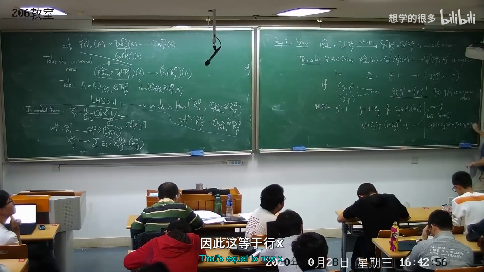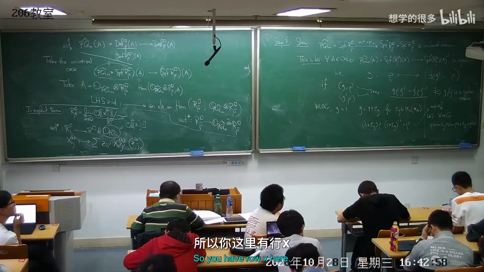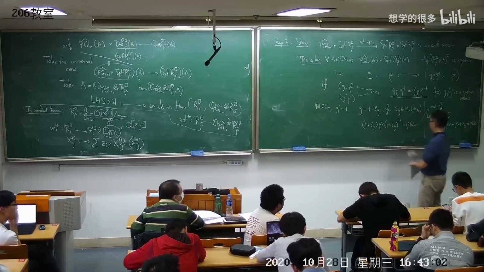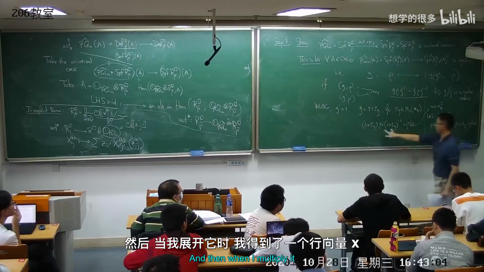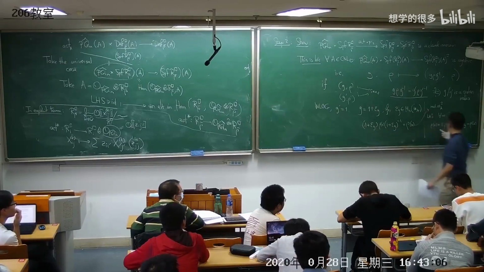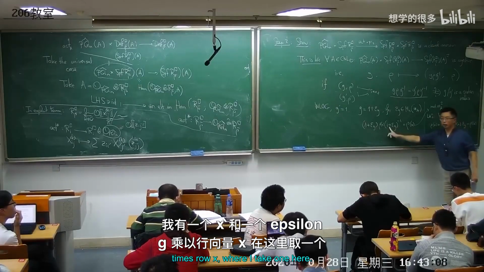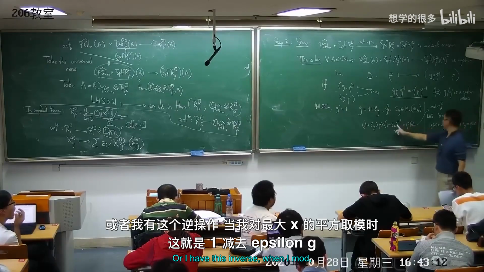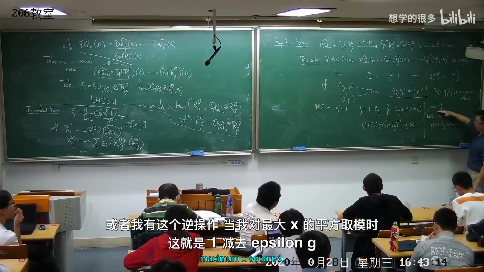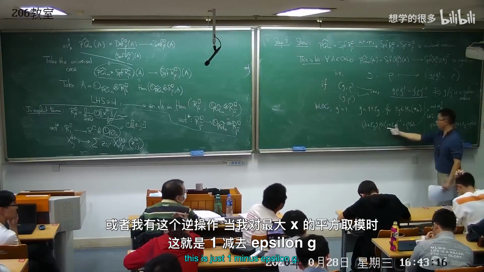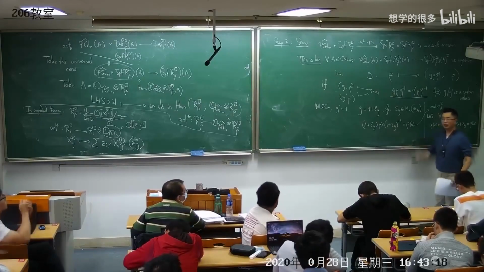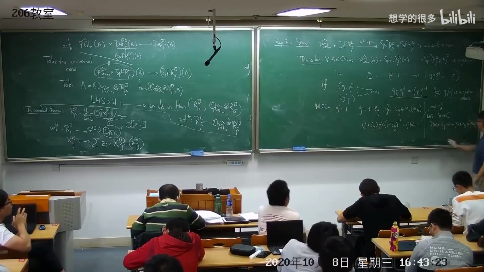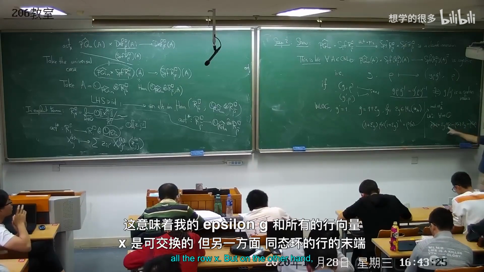That's equal to rho x. So you have rho x here, and when I multiply that out, I have a rho x, and I have epsilon g times rho x, where I take 1 here. Or I have this inverse, which mod maximum ideal squared is just 1 minus epsilon g. So I cancel these two out. That means my epsilon g commutes with all the rho x's.